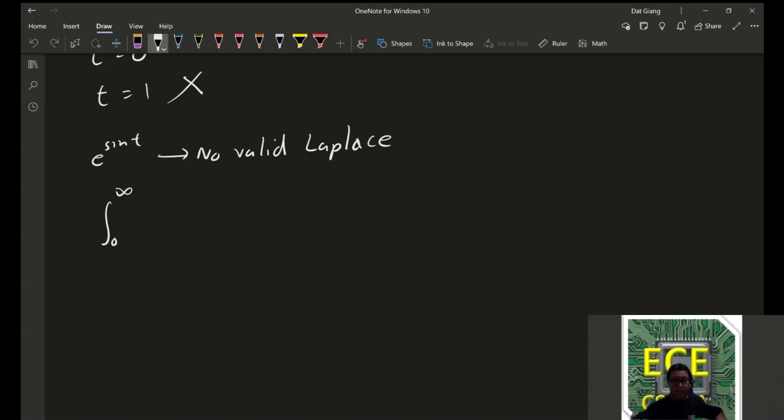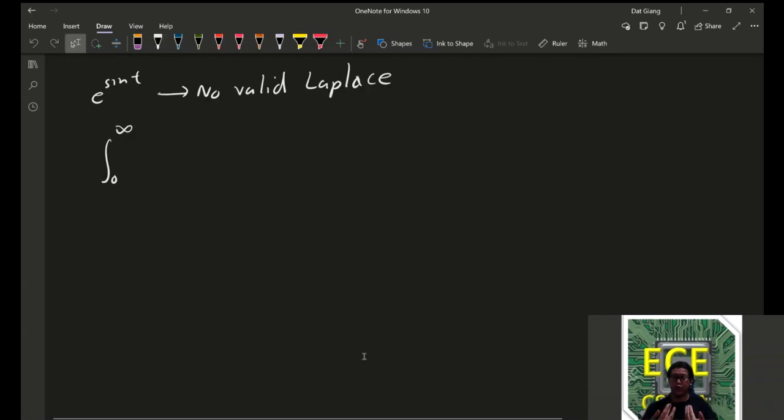Now, I challenge the viewer to see if the following one has a valid Laplace transform, and if not, why not: t to the t. Next time, we're going to be talking about other Laplace properties, as well as what they're formally called, and we can wrap it up by talking about the applications of Laplace. Okay, thank you.